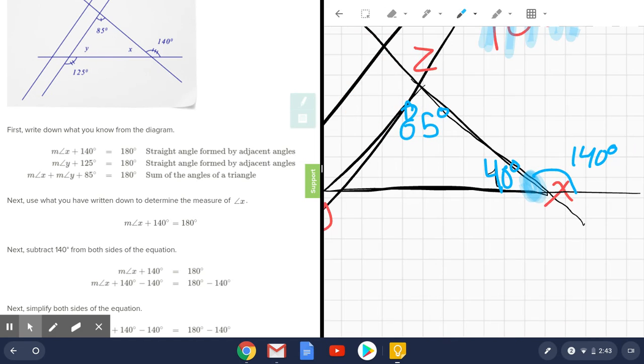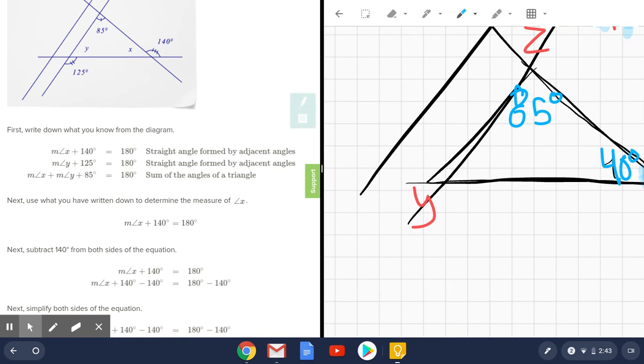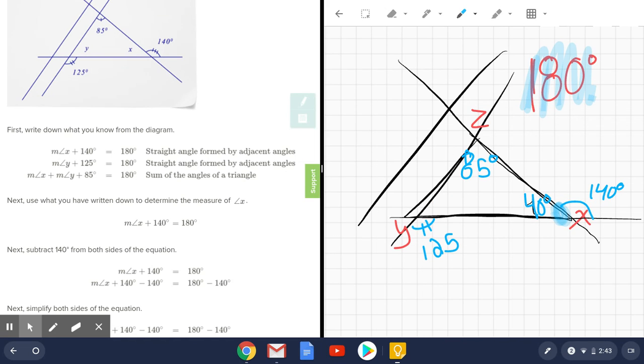So we have two of our angles in here, so we could just subtract those from 180, or we could look at this work right here. We know that right here, it's 125 degrees, right? So we know that this is a straight line right here. What is 180 minus 125?